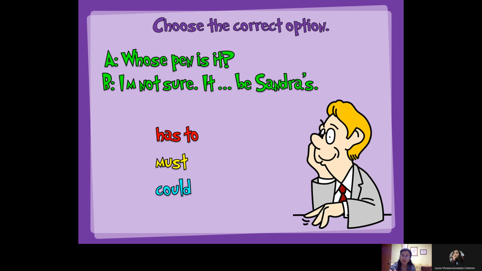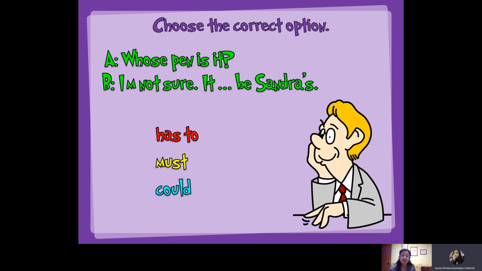This is a pen, a pencil, ¿no? ¿De quién es este esfero? Whose pen is it? And you answer, I'm not sure. It has to be Sandra's, it must be Sandra's, or it could be Sandra's. It has to be Sandra's.